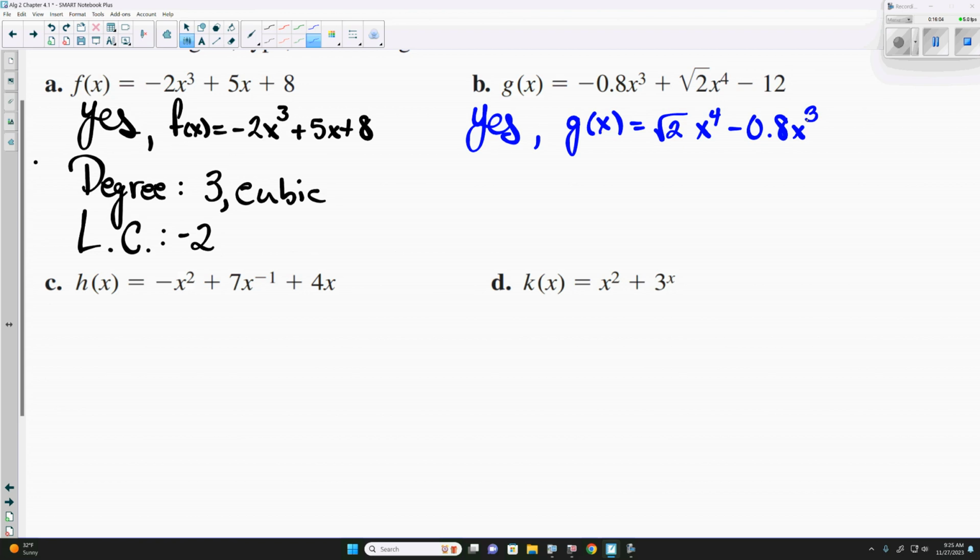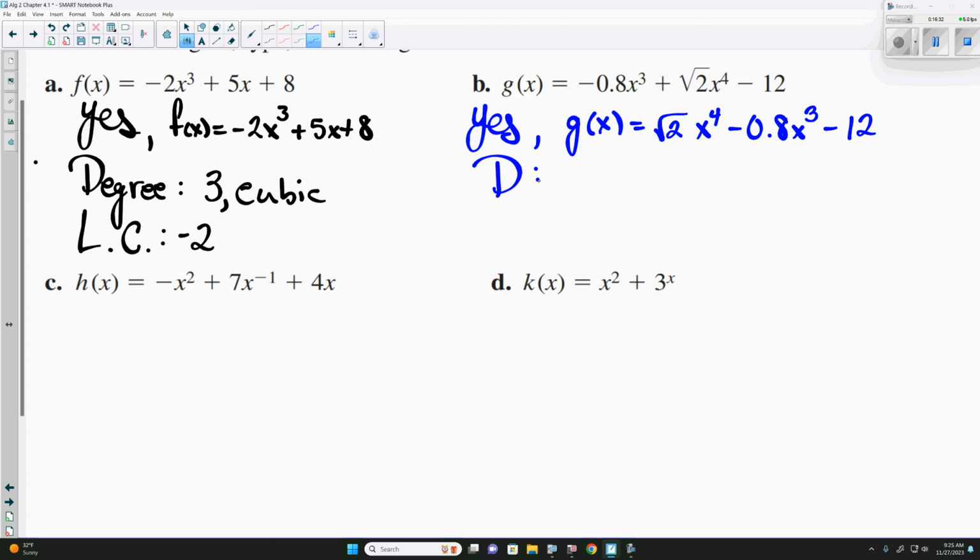The next one in order would be 3, so x cubed. The one after that is x squared. Do we have an x squared term? No. Since we don't have an x squared term, we're not going to list it. The one after that would be x to the first, or just x. Well, there's not an x term, so we don't list it. Then the last one would be our constant term, which we do have, which is minus 12.